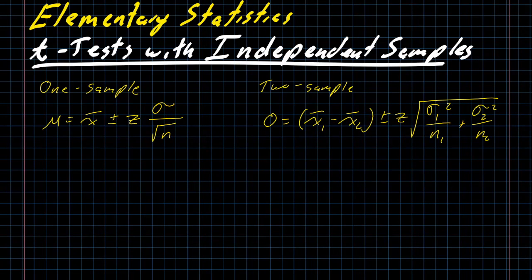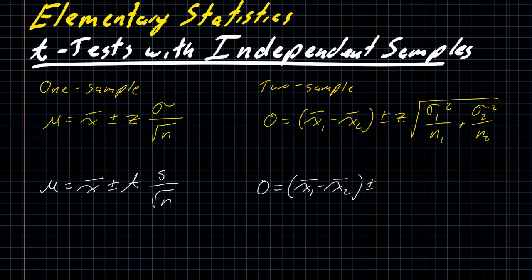For the t-test, our one sample situation looked very similar. Mu equals x bar plus or minus t times s over the square root of n. And so I hope it is not much of a surprise that the two sample t-test is going to also look very similar to the two sample z-test. 0 equals x1 bar minus x2 bar plus or minus t times the square root of s1 squared over n1 plus s2 squared over n2.